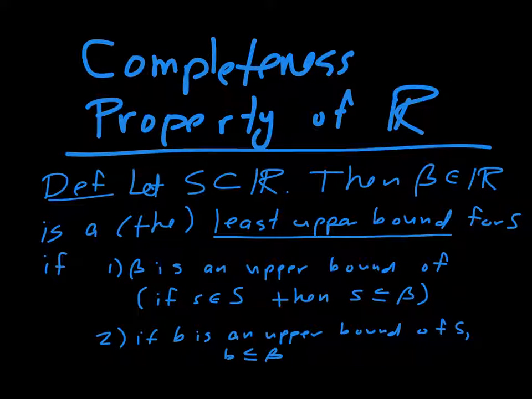Whoops, that's not right. Other way. Let me erase that. Beta is going to be the least upper bound, so if I have another upper bound B, beta is less than or equal to B. So that's what it means for a number to be the least upper bound for a set.